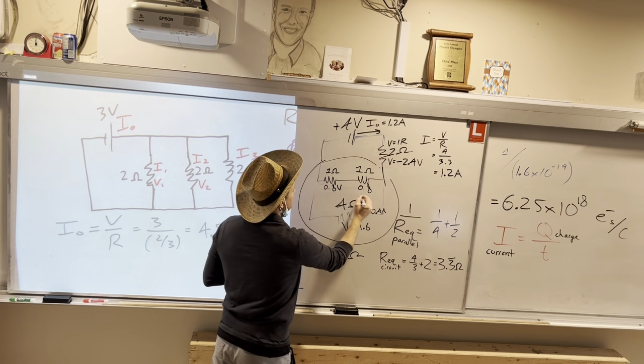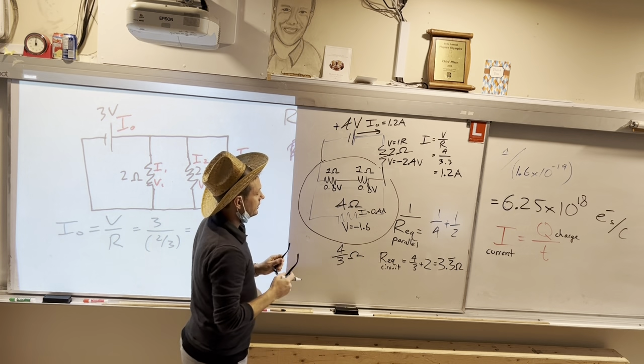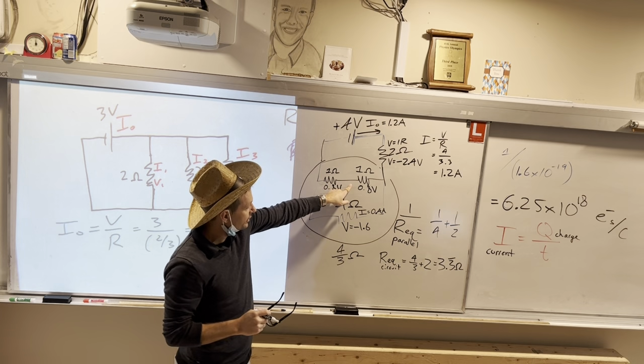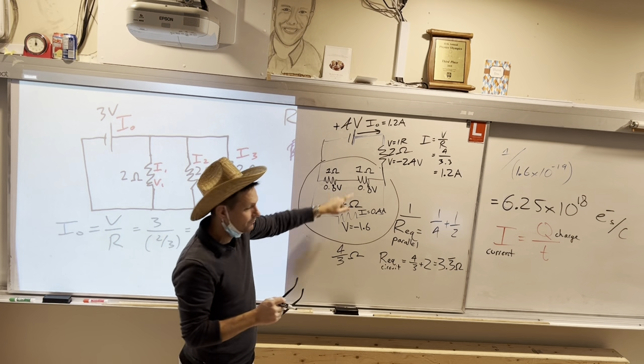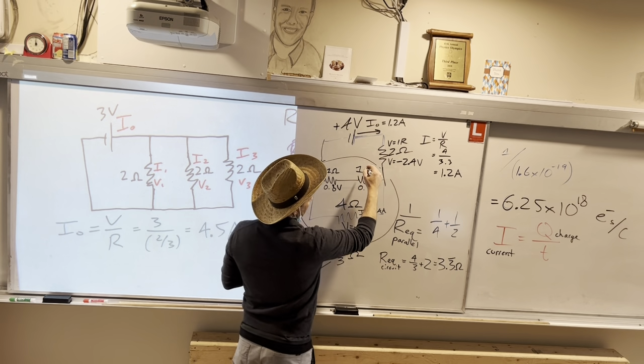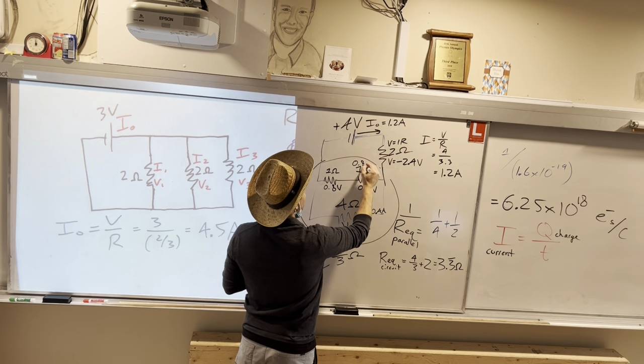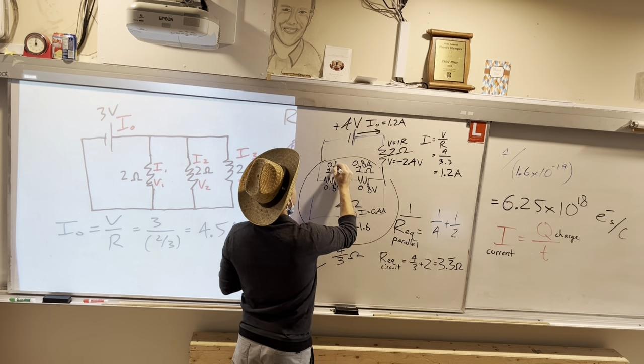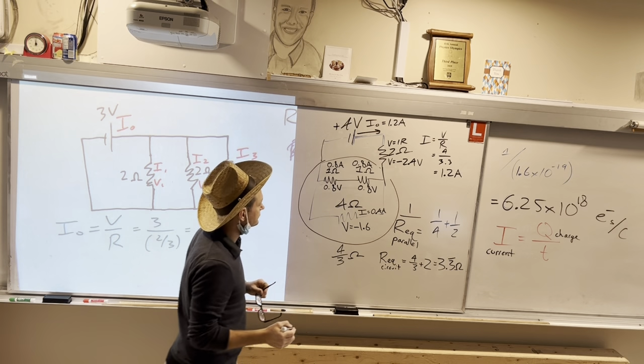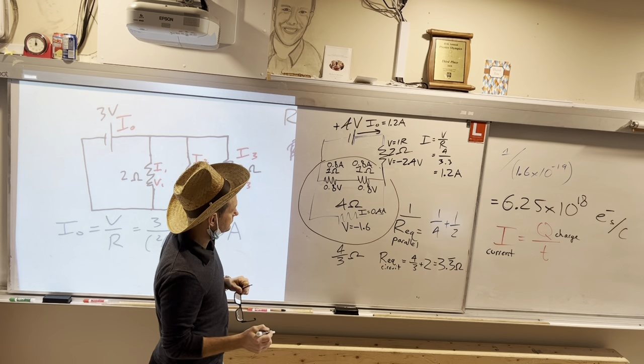This is volts. The current through here would still be the same as what we figured out before. So this was 0.4, so this has to be 0.8 amps as well. That's coincidental that they're the same.